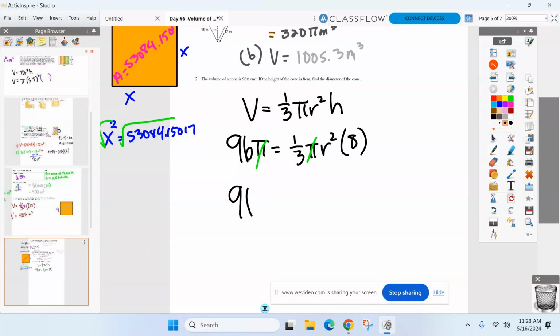But now I'll let you guys go on your own and get rid of the 1/3 and 8, however you see fit. And then I'll ask for the radius length.